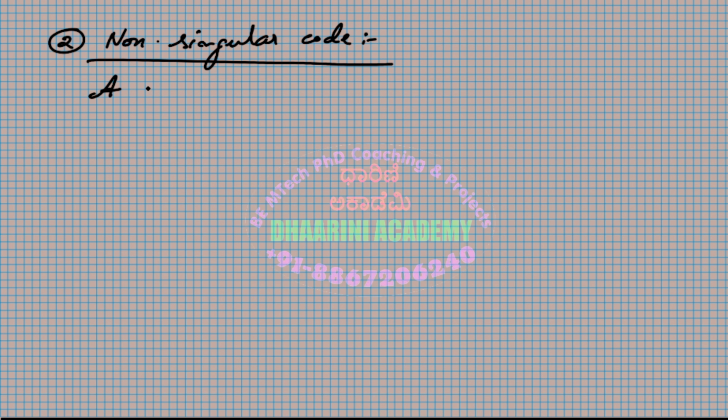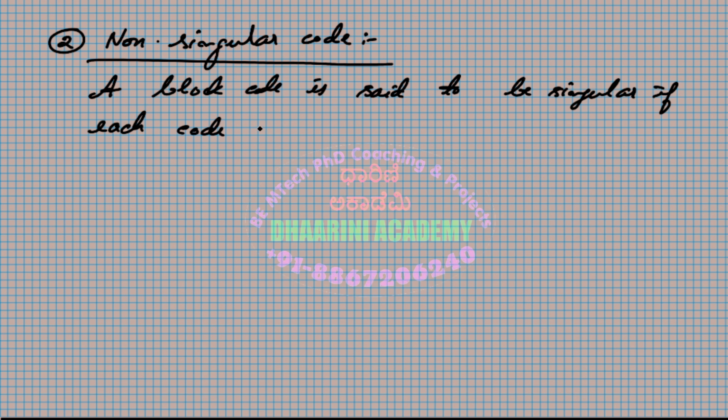I'll write the statement first. A block code is said to be non-singular if each code word is distinct, or you can distinguish them from each other.